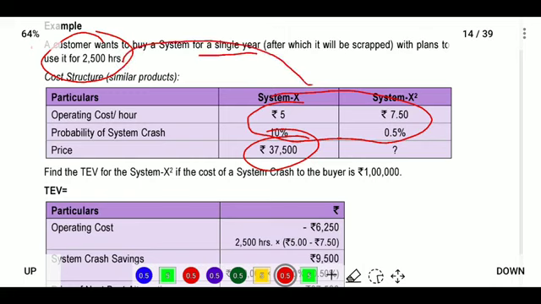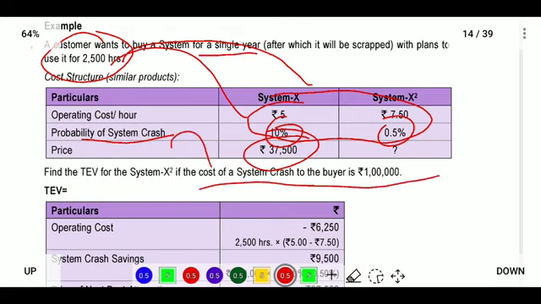So 5 minus 7.5 into 2500 plus 10% minus 0.5% into the cost of the system. For the probability they provided, the required cost of the system will be 1 lakh. So 1 lakh into 10% minus 0.5%, and we will get it, and it will be added. The next best price will be added, 37,500.